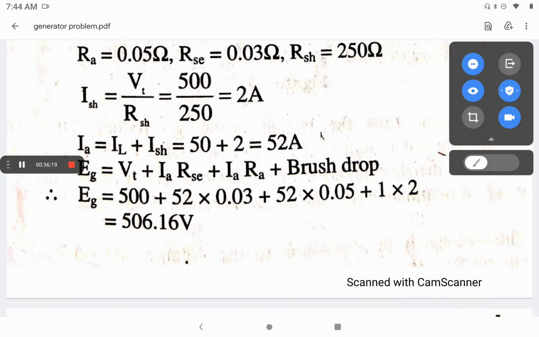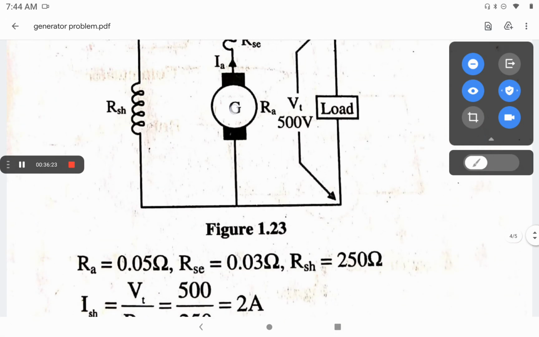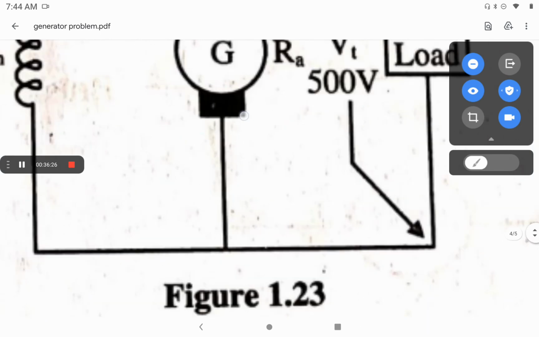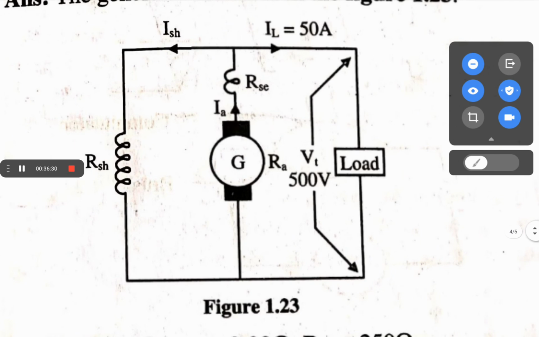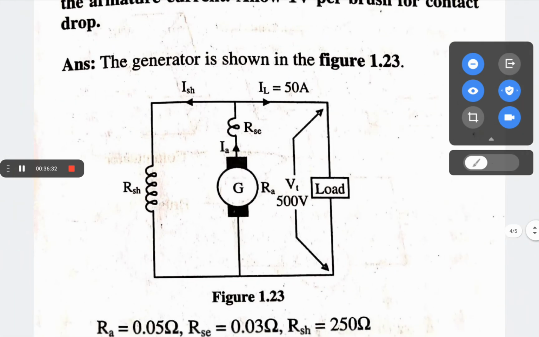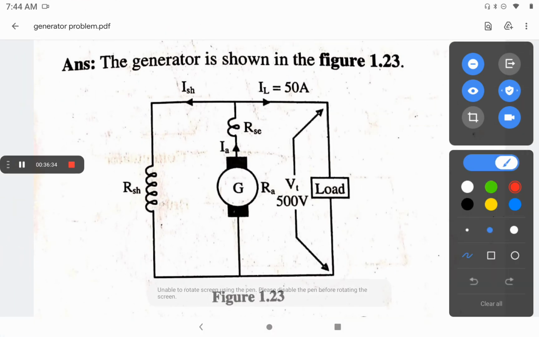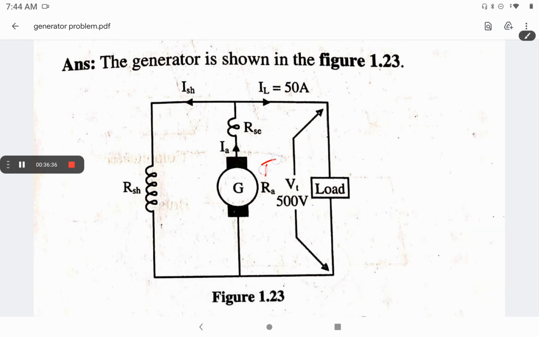So Eg, total generated EMF കണ്ടുപിടിക്കാൻ in a long shunt generator, which is equal to what? Eg എന്ന് പറയുന്നത് ഇവിടെയാണ്. Eg കണ്ടുപിടിക്കണമെങ്കിൽ V അറിയാം.